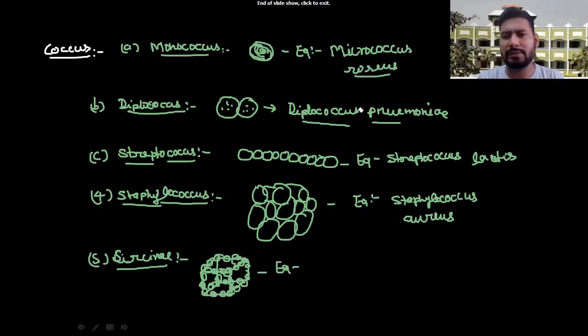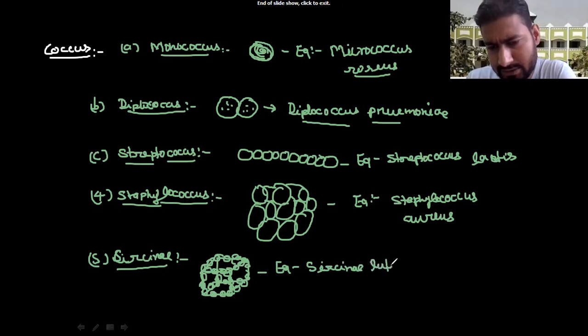So in this way, we are going to write again. The name of the bacteria is Sarcina lutea. So this is the summary of coccus, the spherical shape of bacteria. Monococcus: Micrococcus roseus.